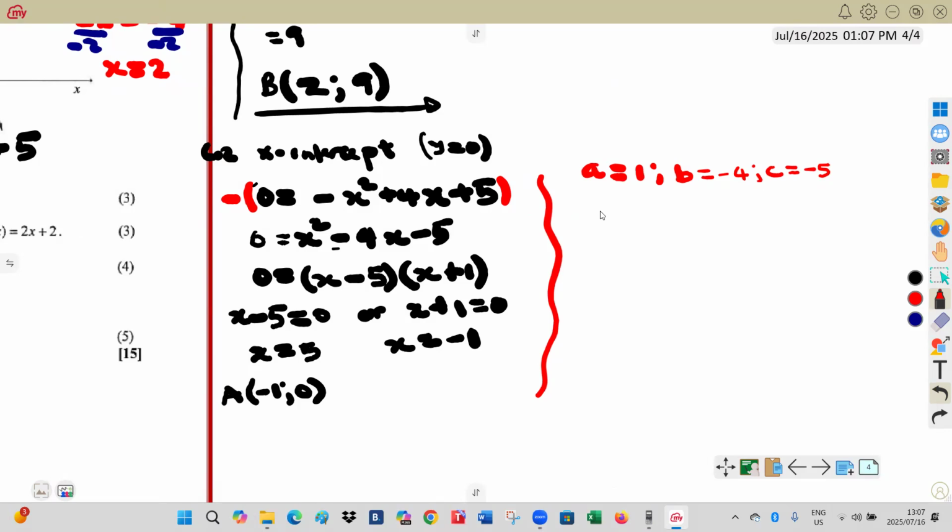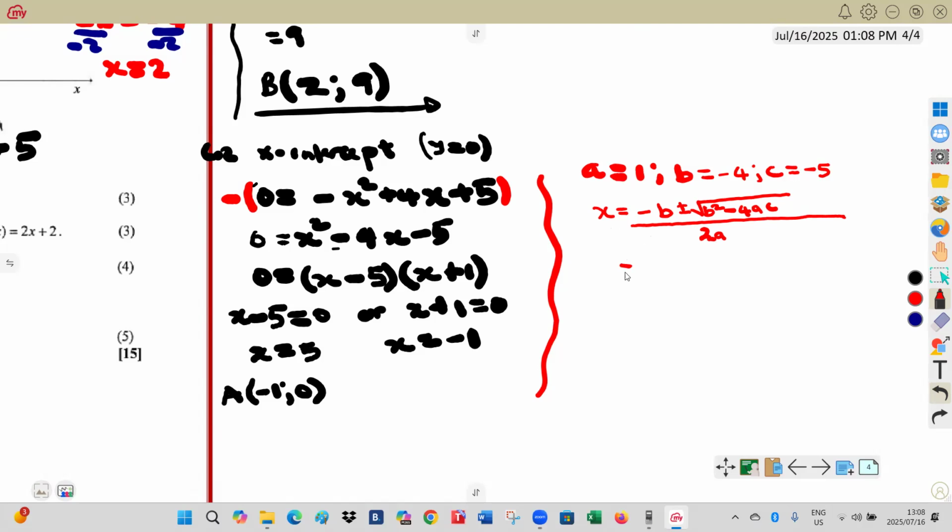So using that, copy the quadratic formula. Your x is equal to minus b plus or minus the square root of b squared minus 4ac all over 2a.